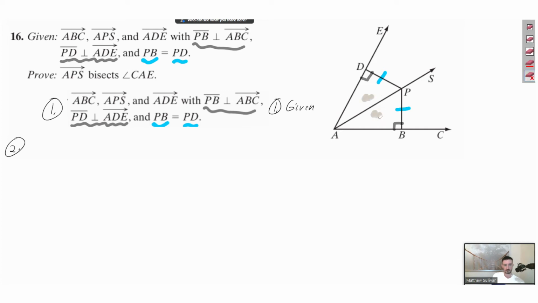So they share the same side because that's a bisector. Are you saying that they share this side? Yep. So we'll definitely get that down: AP is congruent to itself. Okay, it's reflexive.